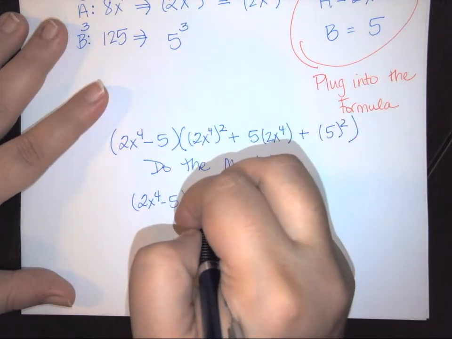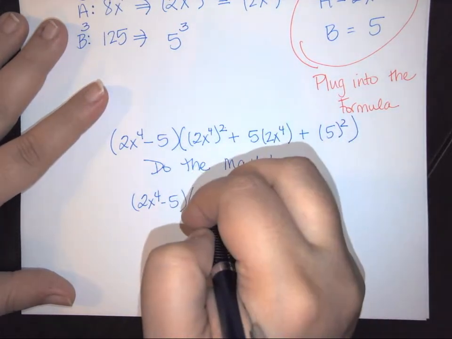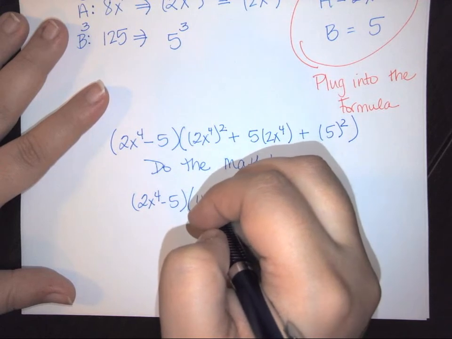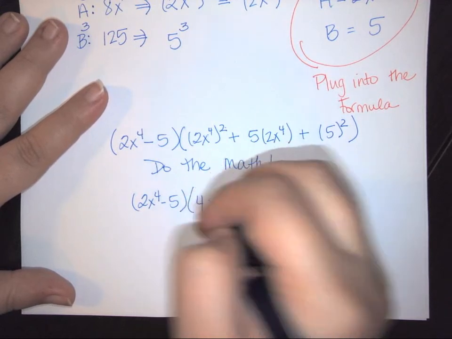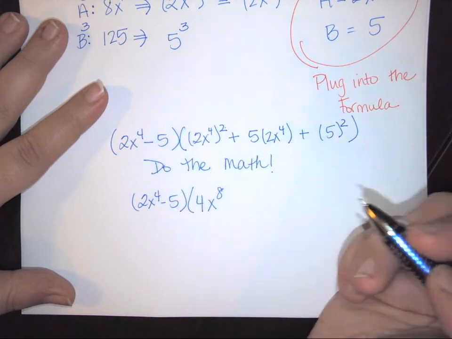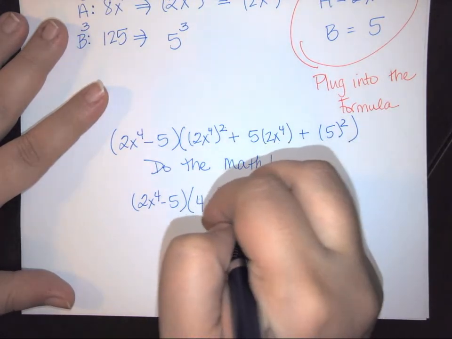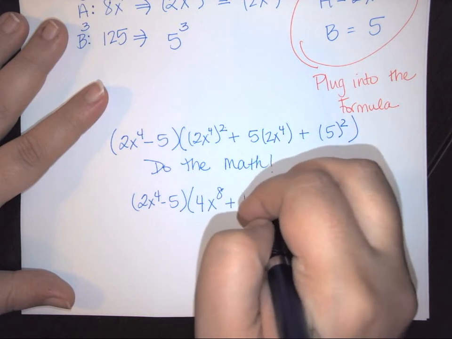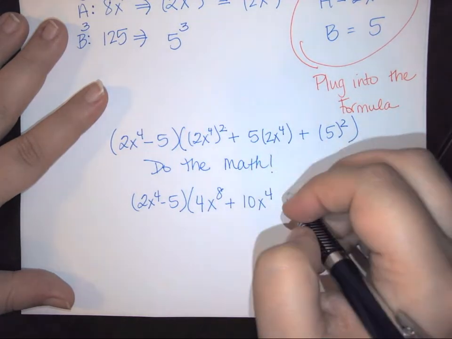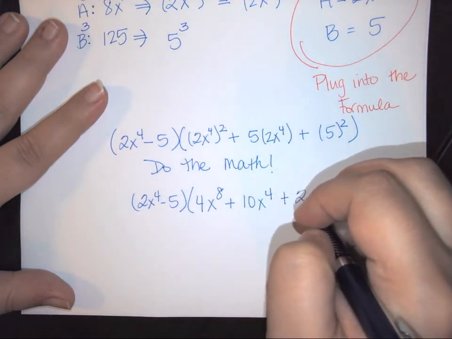So 2 squared is 4. X to the 4th squared is the same as x to the 4 times 2, which is 8. I'm then going to add this to 10x to the 4th, and I'm going to add this to 25.